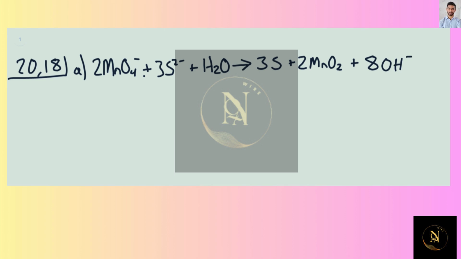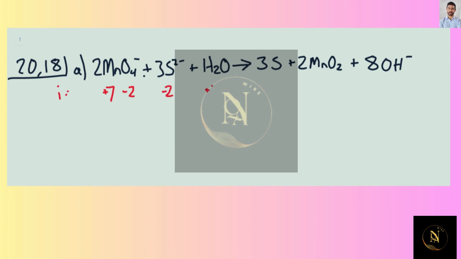So now we're asked to write down the oxidation number of each of the reactants. We know that for oxygen here it will be -2. If we multiply that by 4, we get -8. And since the ion here is -1, we know that manganese should have a charge of +7. Here sulfur should be -2.